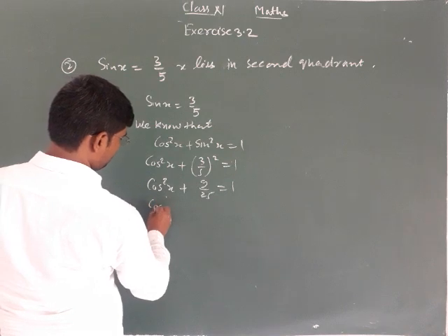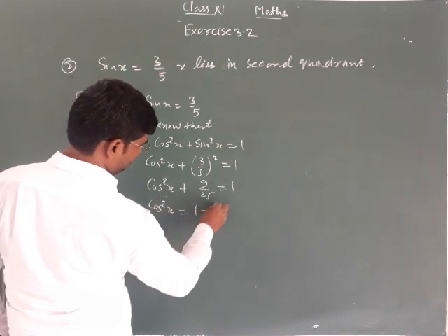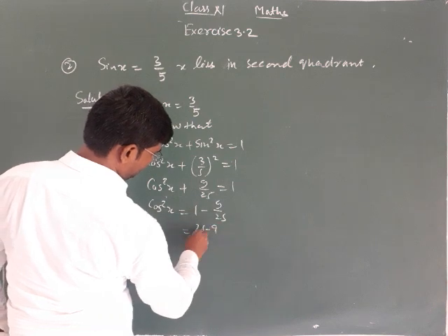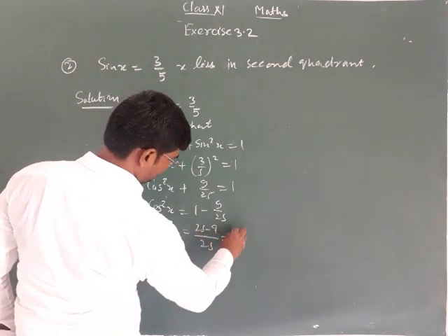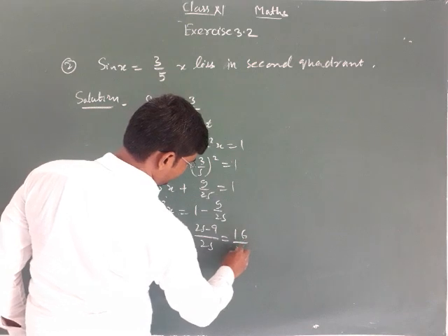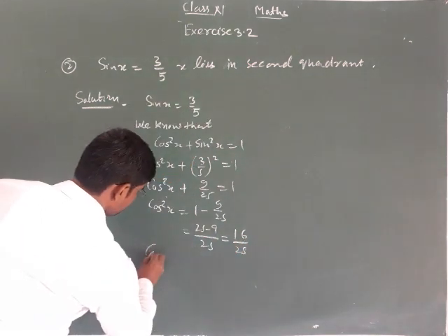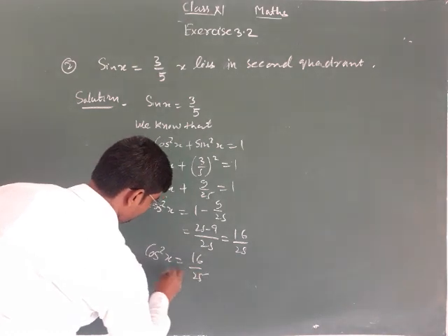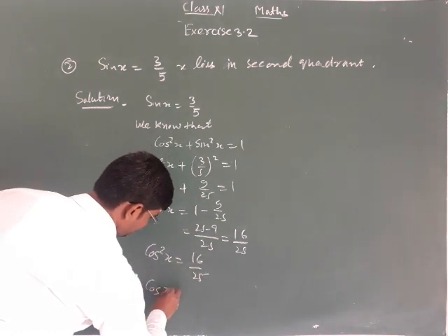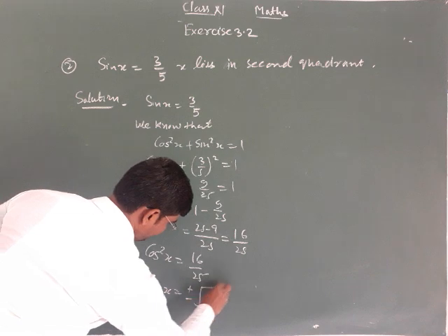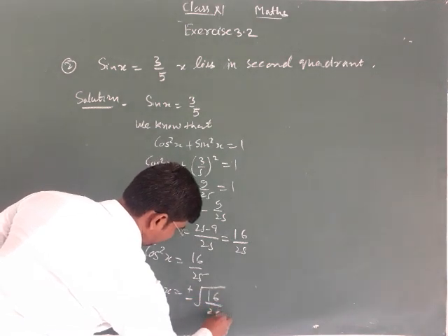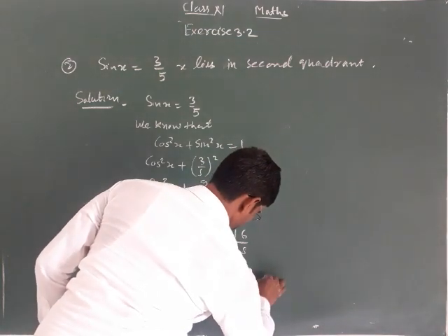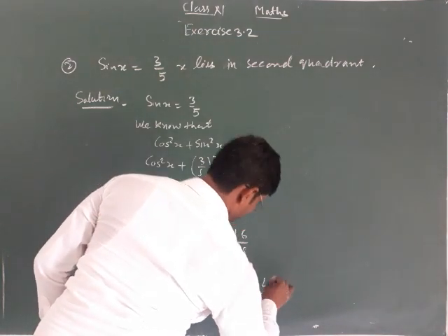Cos square x is equal to 1 minus 9 upon 25, which is 25 minus 9 upon 25, equal to 16 upon 25. So cos x is equal to plus minus square root of 16 upon 25, which is plus minus 4 upon 5.